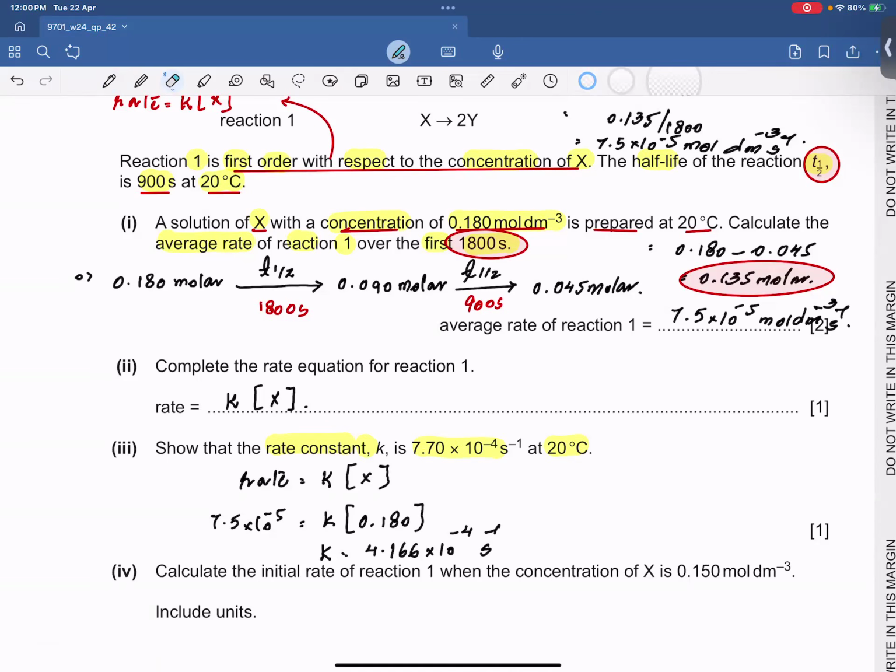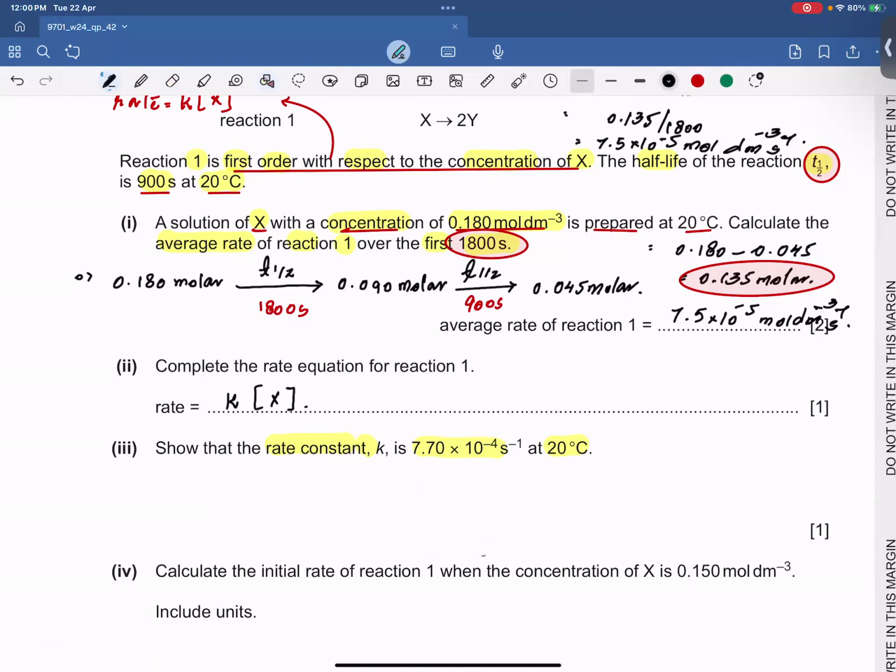That's a very, very serious mistake I've made. Actually, the examiner is looking for the rate constant at 20 degrees Celsius, and at 20 degrees Celsius, the half-life was 900 seconds, right? Oh my goodness, so the value did not come out, the pattern we adopted was wrong, right?